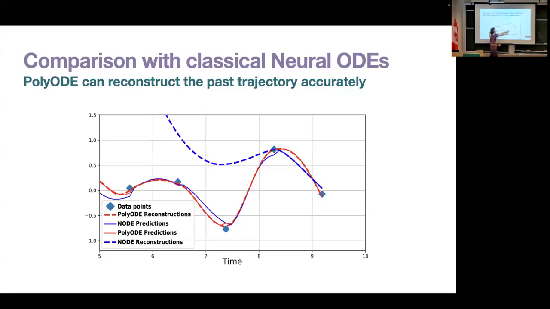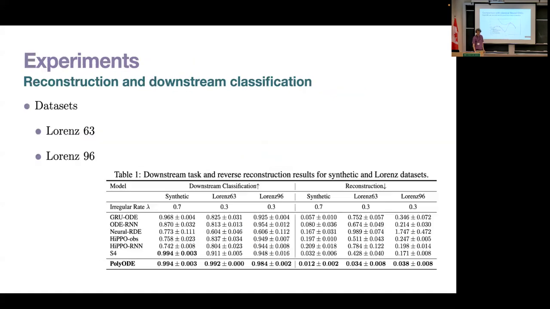But at the same time, I ensure that I remember everything about the past of that time series, because when I reconstruct it, I can almost perfectly get the history.